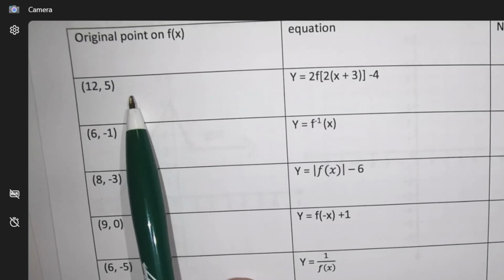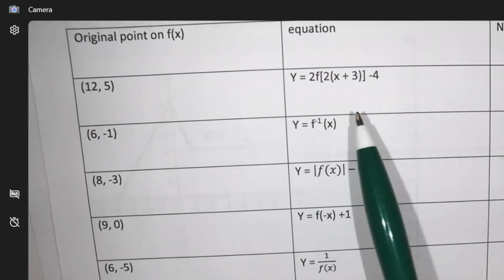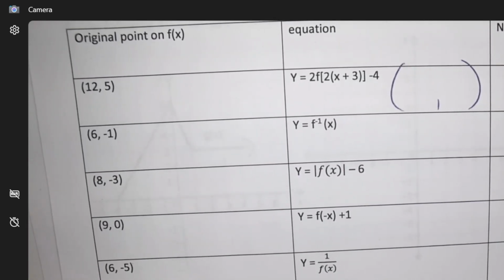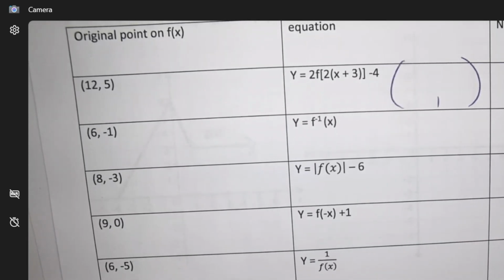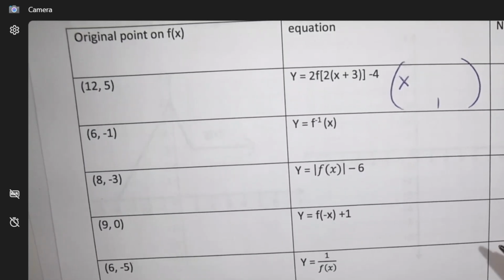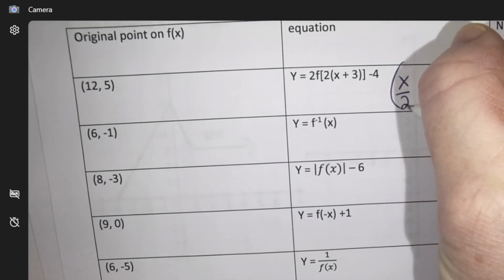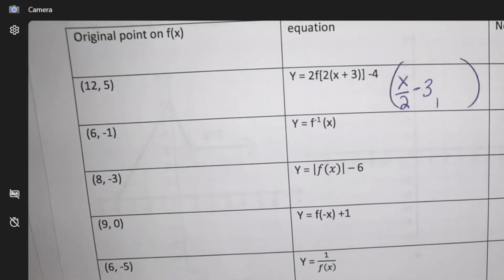You have a point, stuff happened to it, what's the new point? So this is you understanding the ABCD thing going on. So can you write me ABCD stuff? So as in, what happens to x? It gets divided by 2 and subtract 3, right?